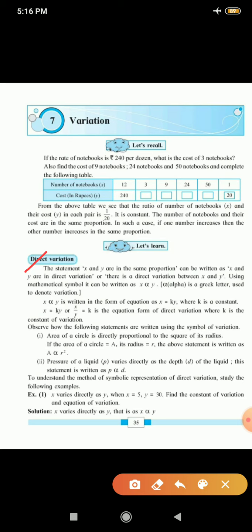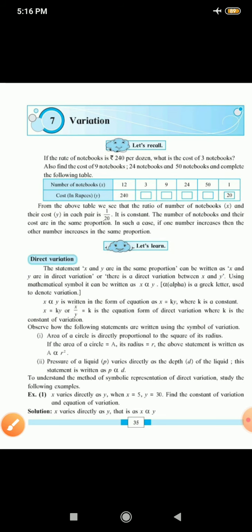Alpha is a Greek letter used to denote variation. X varies directly as Y is written in the form of equation as X equal to KY, where K is a constant. Then X equal to KY or X upon Y is equal to K is the equation of variation in the form of direct variation, where K is a constant of variation.